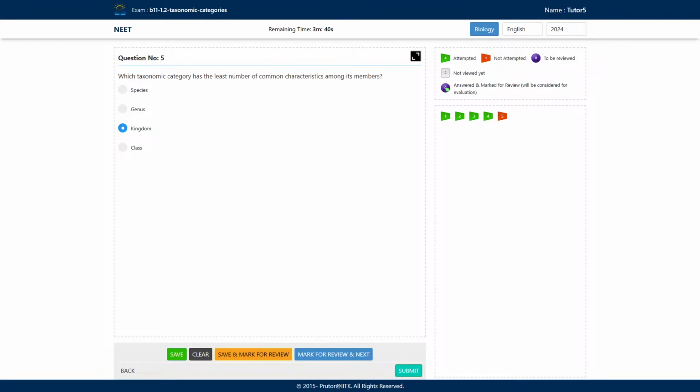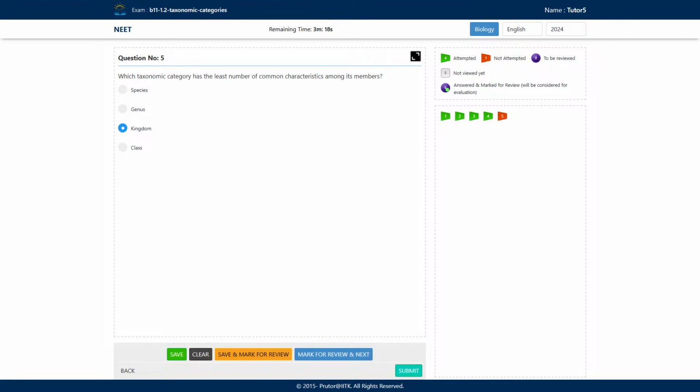Let's talk about the kingdom. Kingdom is a very broad category, so the members of this category will share the least number of common characteristics. Clear? The lowest most taxon is species, which is very specific.